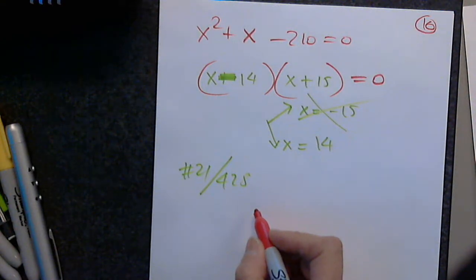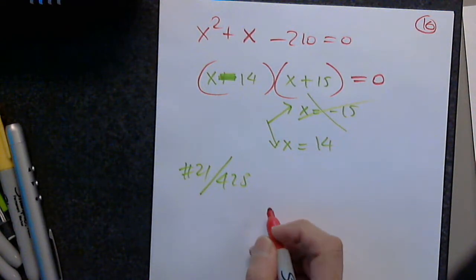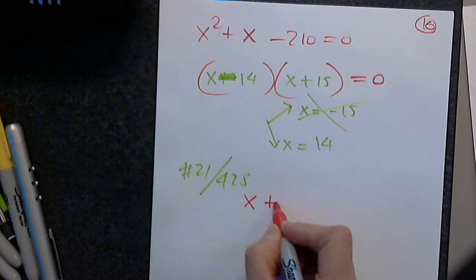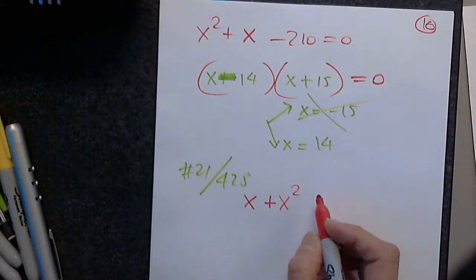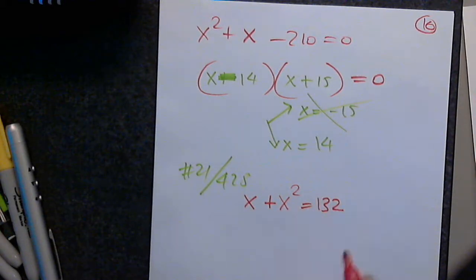The sum of a number, plus, and its square, x squared. x plus x squared is 132. Very good. What type of equation is this? Quadratic. It's a quadratic equation. It has x squared. I expect two solutions. They may be accepted or not. That part I don't know. We have to look.